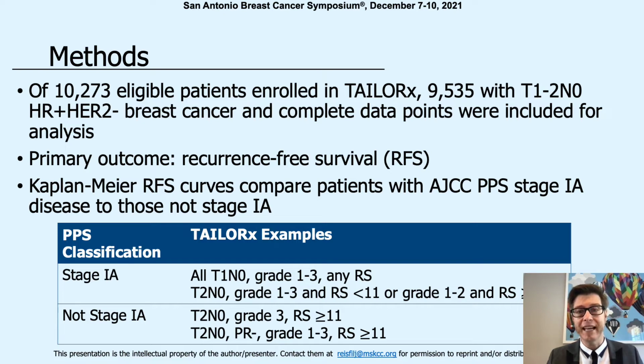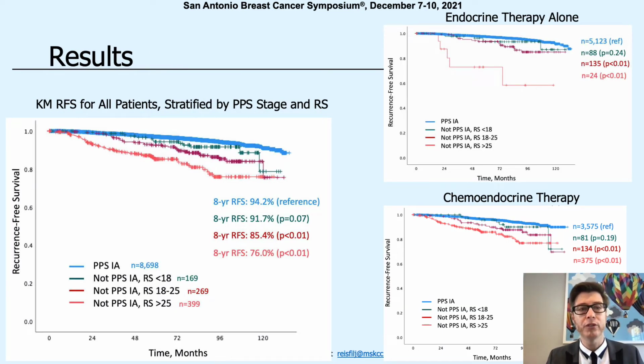And by performing this analysis, the authors made some very important observations. If you look here on the left side of this slide, all patients included in this analysis, regardless of treatment, they observed here in the blue curve the patients that were classified as PPS 1A using that definition, and then the patients that were not PPS 1A but had a recurrence score less than 18 in green had a curve that was not statistically dissimilar from that of the PPS 1A, whereas patients that had a recurrence score greater than 18 had a significantly worse outcome.